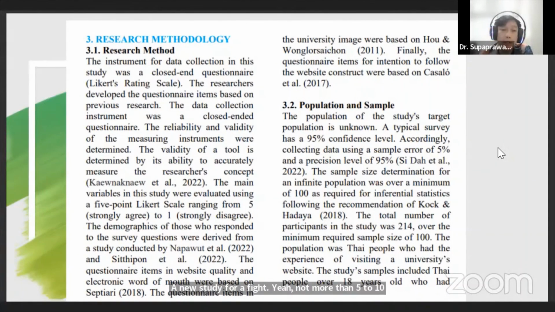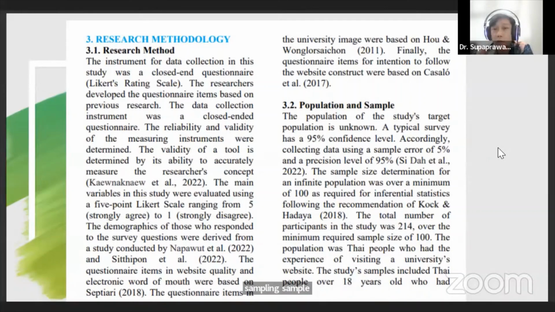And the population is very important, because you have to explain what your population is, definite or indefinite, because it's essential for the sample determination.